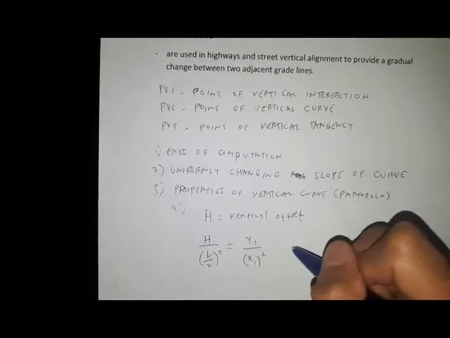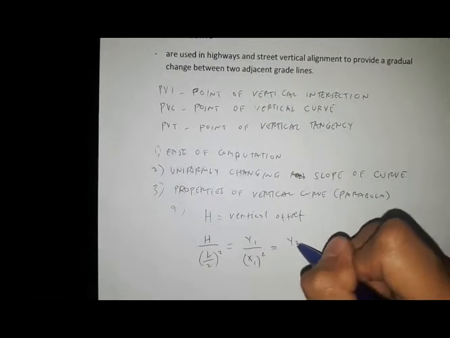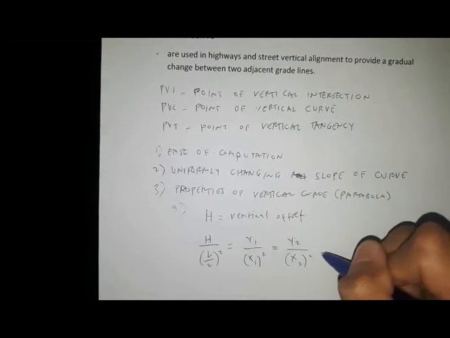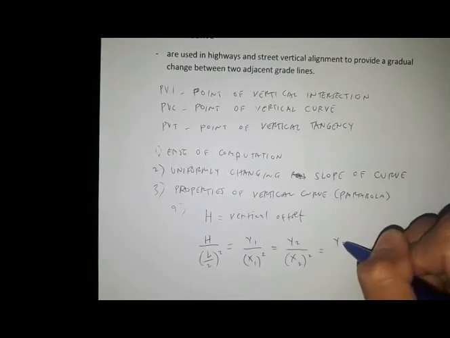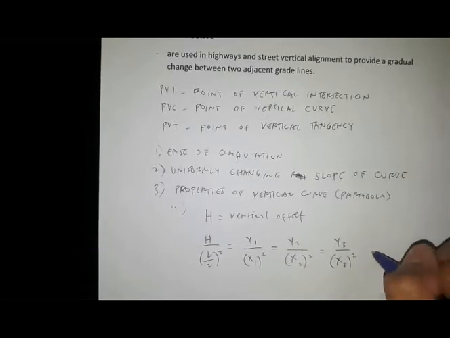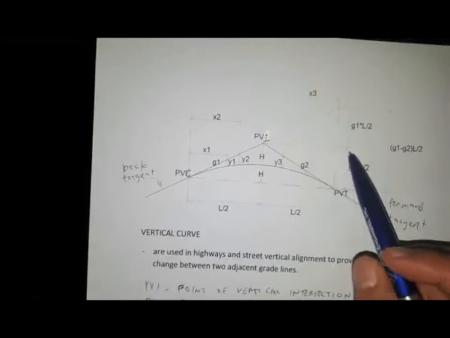We also have y sub 2 is to x sub 2 squared, and y sub 3 is to x sub 3 squared, and so on, as shown on the figure.